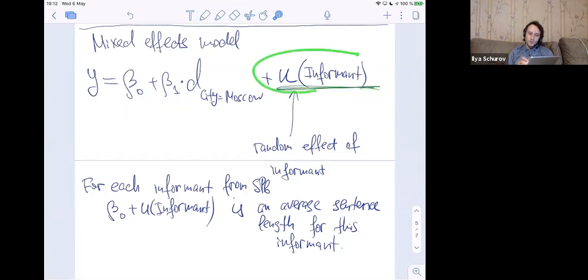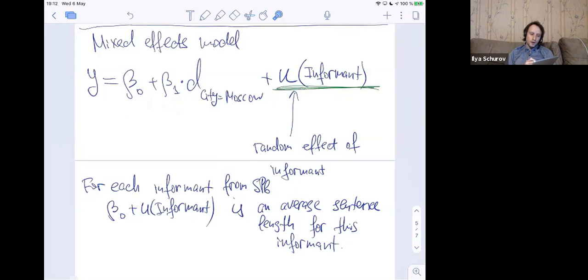The adding of this term makes it more difficult to explain how to find them. The idea is to use the same maximum likelihood method that we discussed previously when we discussed logistic regressions. But anyway, I don't want to go into details now.